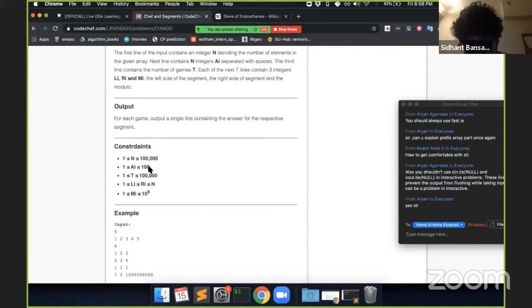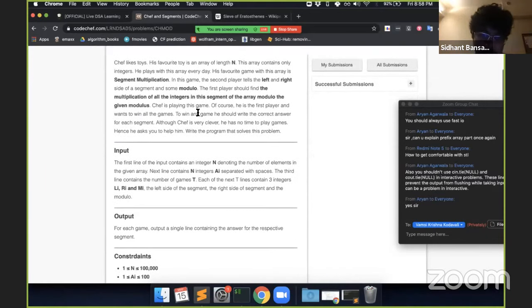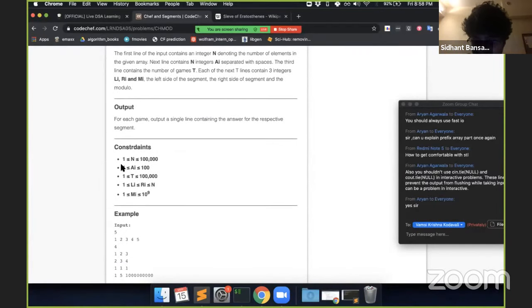In each query, even if you spend 100 operations, you're still good to go. If you haven't read the question, just read it later on. The main hint is that AI is pretty small, so you can use this fact, and in each query you can actually run 100 operations. And your modulo is not prime, so don't try to do some modulo inverse thing, like 1 upon x under mod p, because your mod might not be prime. It might be composite, so it becomes very tricky.